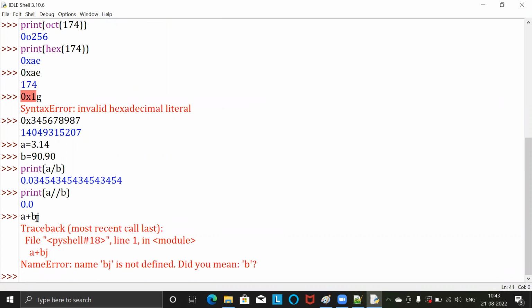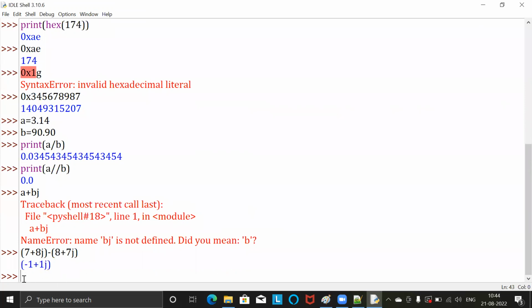And this complex number also accepts the basic arithmetic operators. Basic arithmetic operators means addition, subtraction, multiplication, division, like that. Here I will give an example. 7 plus 8j minus 8 plus 7j.